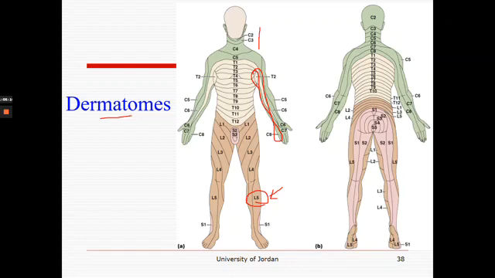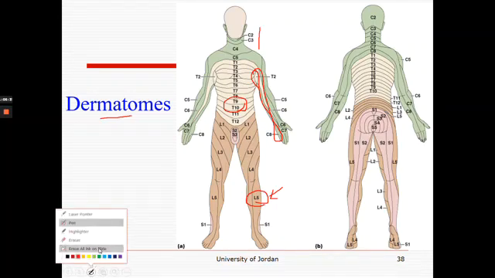This is important when we talk about pain. So T10 is where the umbilicus develops, and this is where the appendix is developed. We're going to talk about it when we talk about pain 2.